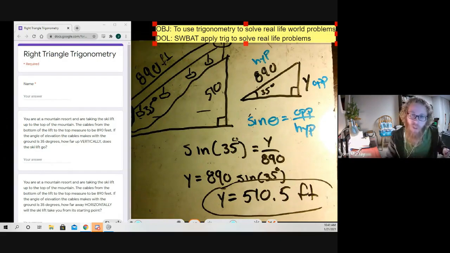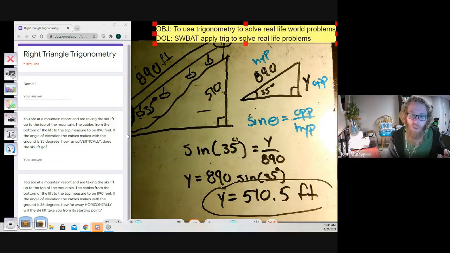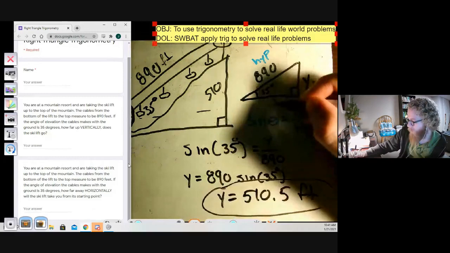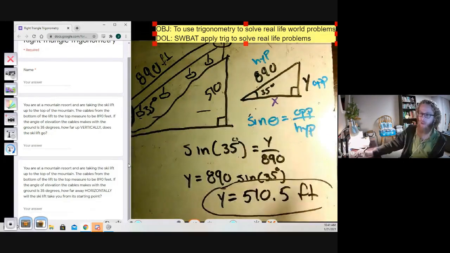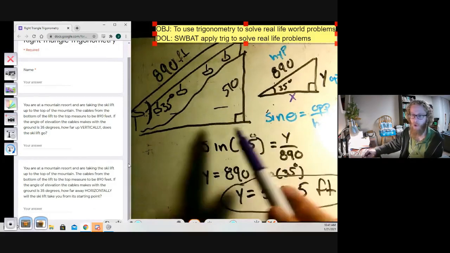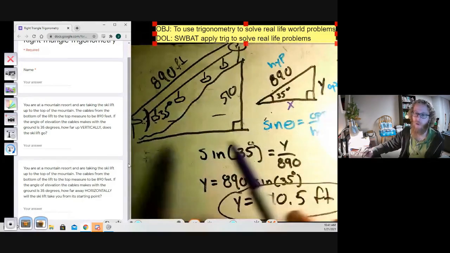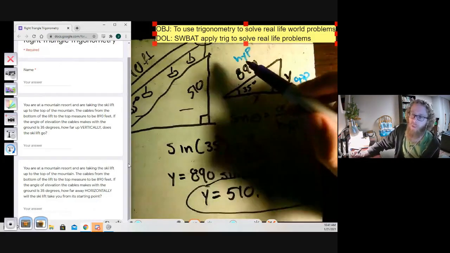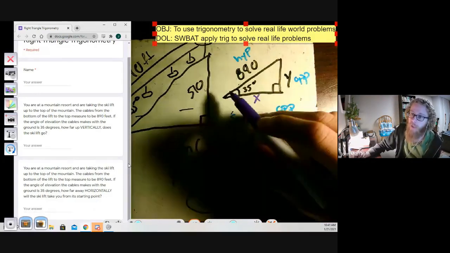For the second part, we had the same scenario, but I asked you to find the horizontal distance that it covers. So how far from the starting point, if I measured horizontally to the end point, how far would it cover? We already know that this is the hypotenuse, that's the opposite.